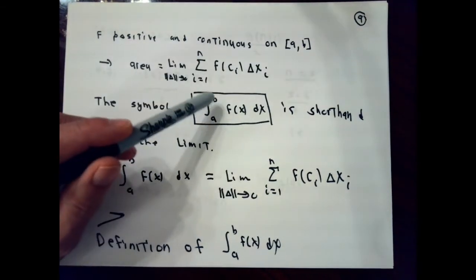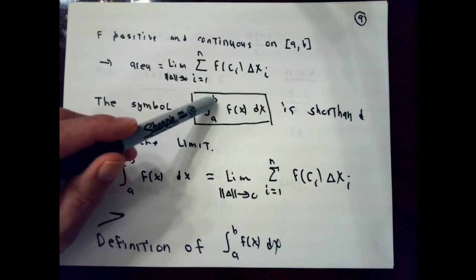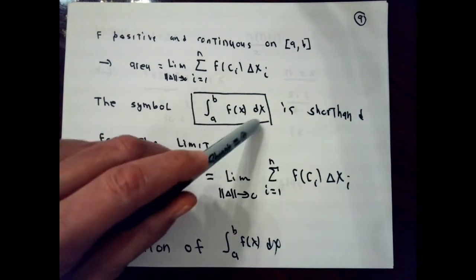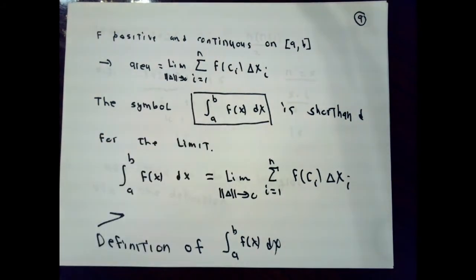We're going to call it the definite integral from a to b of f of x with respect to x. When you write it out, you should pronounce it this way in your head because it'll keep straight that there's something significant going on here. This is the definition of the definite integral.